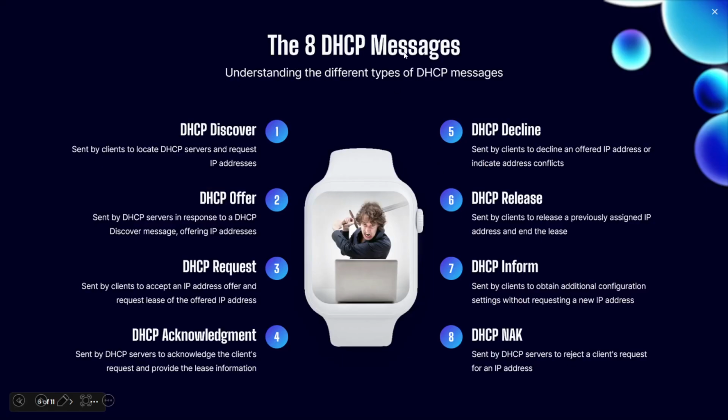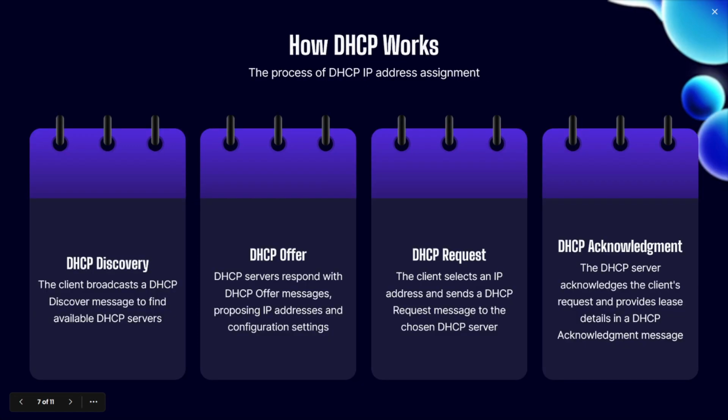We have 8 DHCP messages: DHCP discover, DHCP offer, DHCP request, DHCP acknowledgement, DHCP decline, DHCP release, DHCP inform, and DHCP NAK. From these, we have used some messages in our Wireshark lab also. So how does DHCP work?